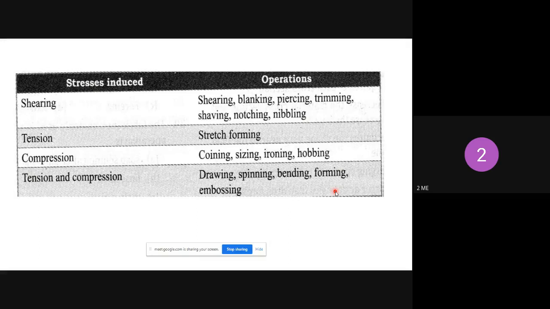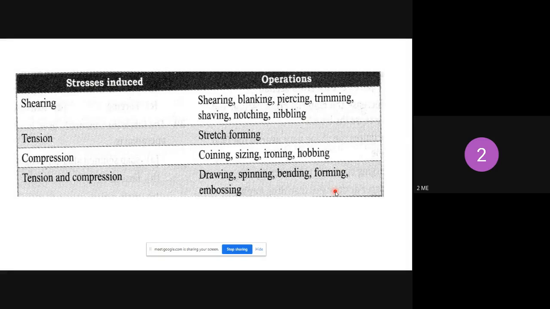First, three different types of sheet metal operation. Tell me, what are those three types? Cutting, bending, and drawing. Good. Cutting, bending, as well as drawing operation.